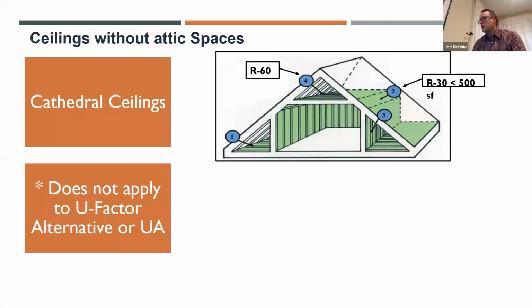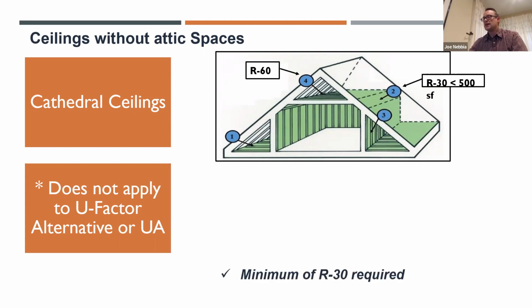One other way that the code allows some flexibility for attic ceiling or ceiling insulation is ceilings without attic spaces. So a cathedral or vaulted ceiling, you can go to a R30 for part of that assembly.